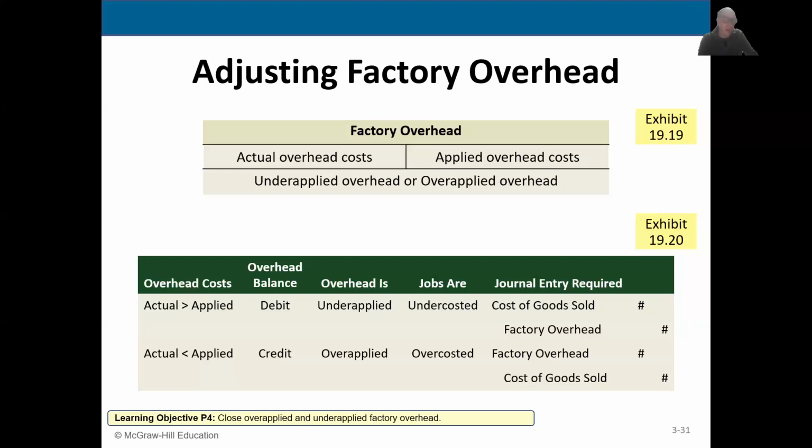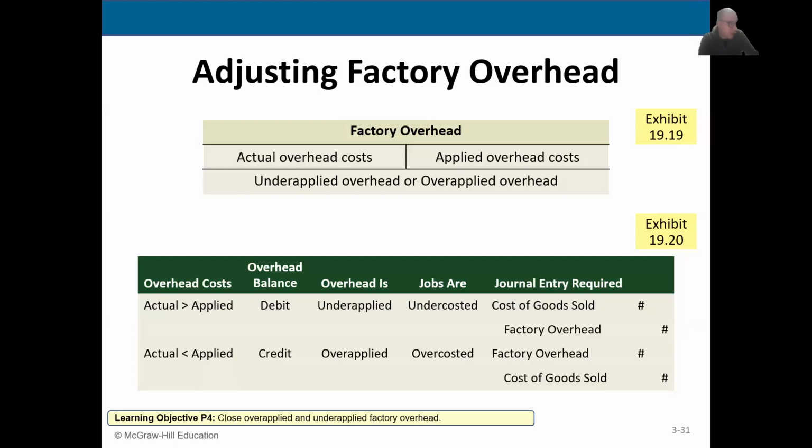So when overhead is underapplied, we debit cost of goods sold to increase the cost of goods sold. That brings it up to its actual amount. And we credit factory overhead by that amount. In the event that you've over-applied factory overhead through your estimate, that means that the actual amount of overhead was less than the applied or estimated overhead.